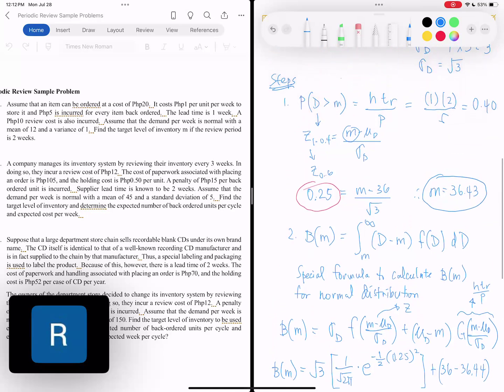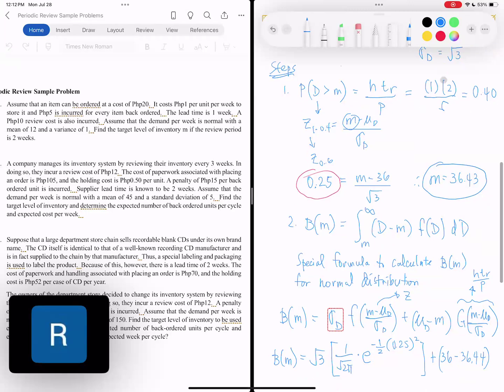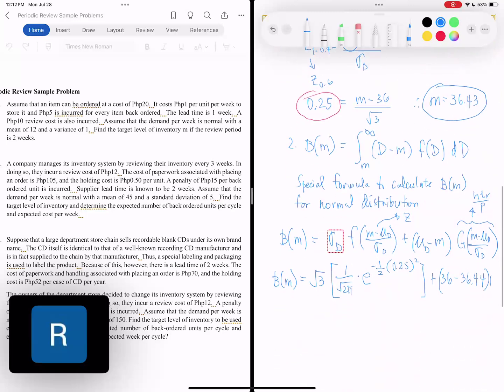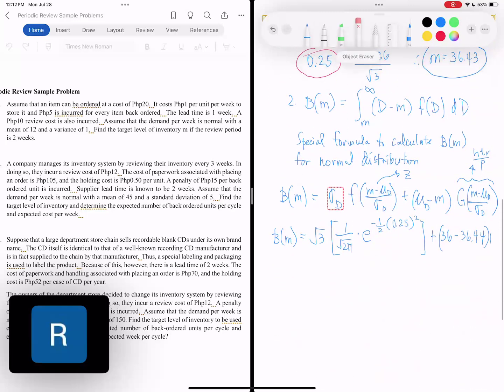So I go back here. That's the one. Whatever this is, you just substitute to your G. So this one will be times, what was that again? 0.4. That's times 0.4. So you calculate B of M using this formula.